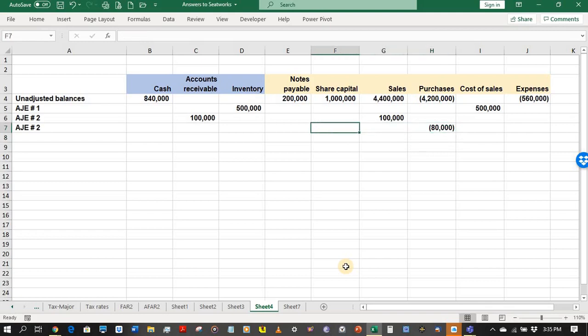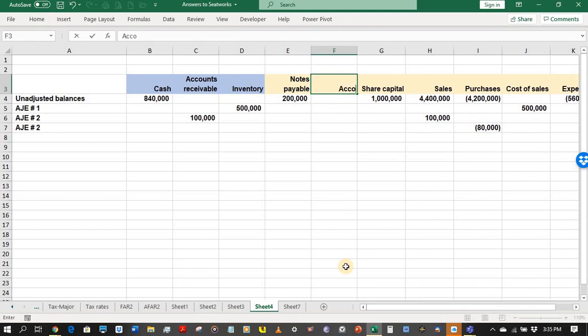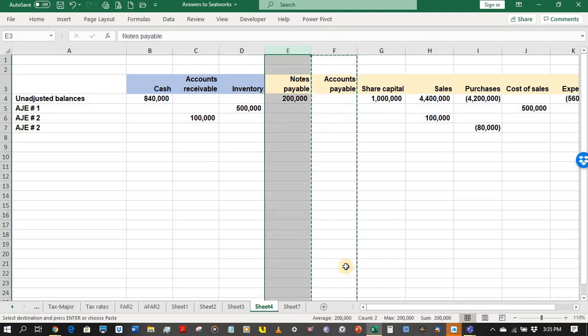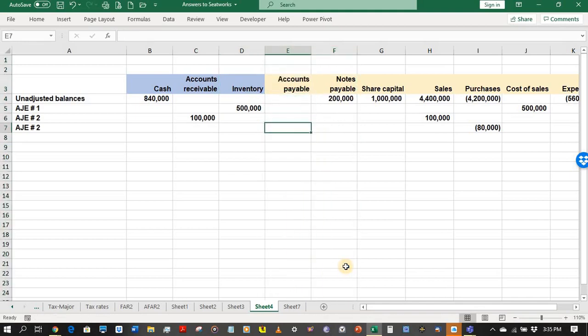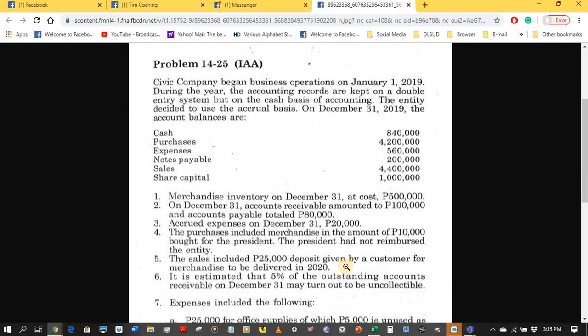Then, credit accounts payable. So, dahil wala tayong accounts payable, mag-insert tayo ng another column na 80,000. So, number 3. Accrued expenses on December 31 is 20,000.